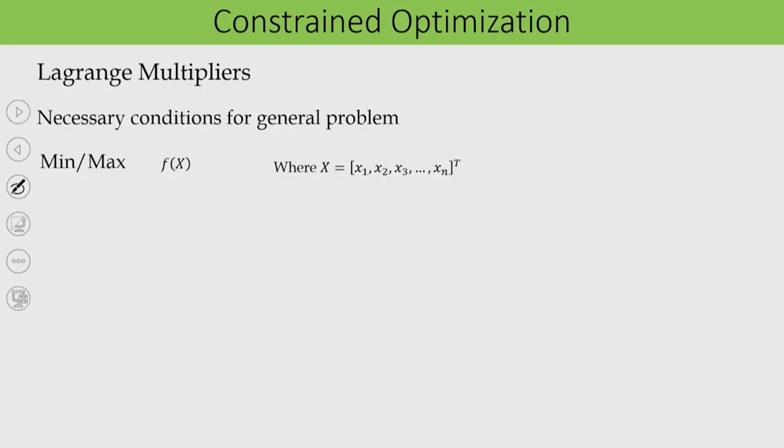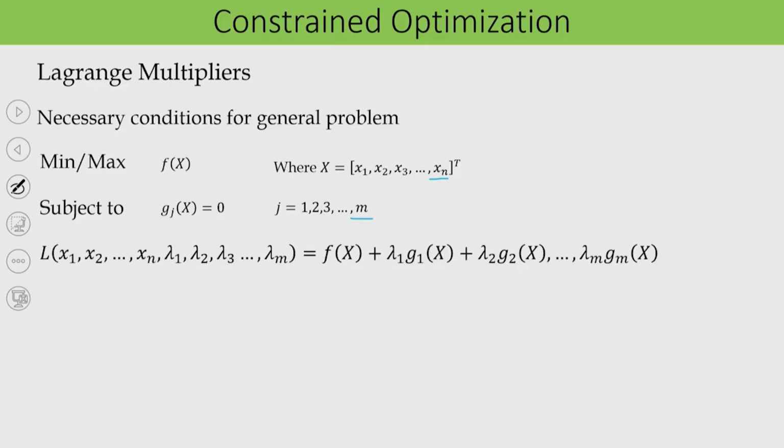Now, let us see the Lagrange multiplier method for the general problem. Suppose I have n variables and m constraints. In that case, I can write the Lagrange function like this.